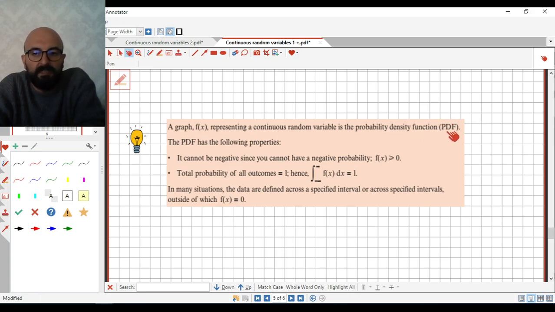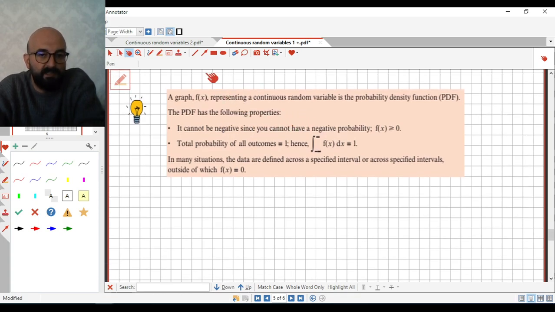It's called PDF. The PDF has the following properties. The first one: our function is greater than or equal to 0, because we cannot have a negative probability.